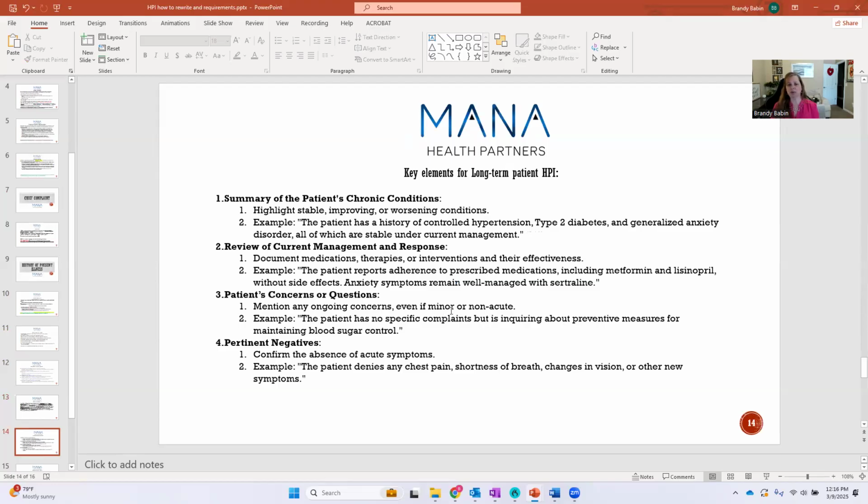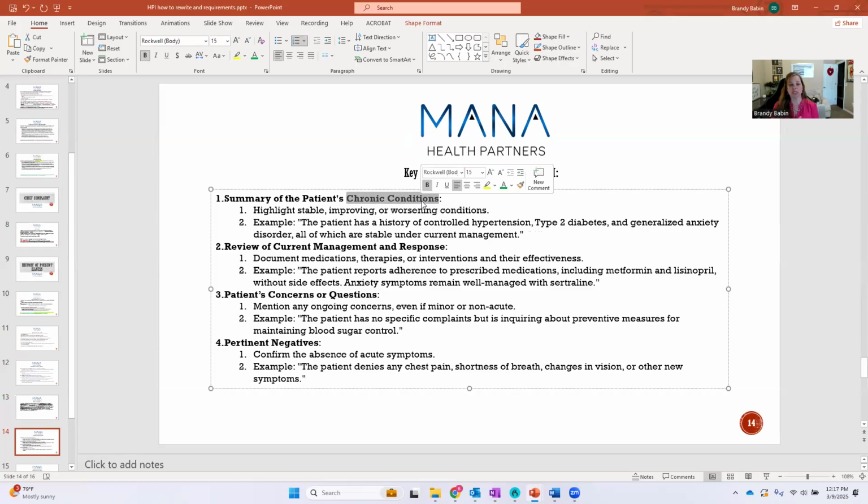Now, for a long-term patient, a lot of people just write patient in bed, denies complaints of pain, doing well, no problems noted. What we want to do is highlight stable, improving, or worsening of what? Of their chronic conditions. We're doing a long-term visit. You're going to want to document any medications or therapies or interventions and their effectiveness regarding medication response.